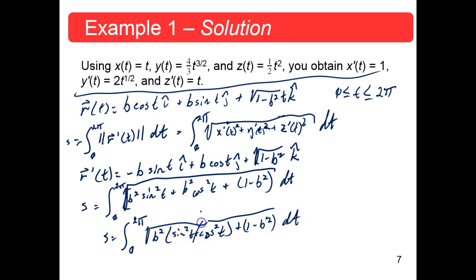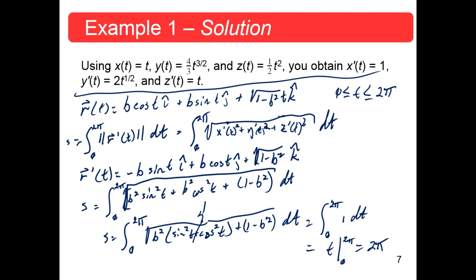That is 1, so it's b squared minus b squared, and this simply becomes the integral from 0 to 2 pi of 1 dt, which is t going from 0 to 2 pi, and that of course is 2 pi minus 0. So it should just be 2 pi. The length of that arc, one time around, is just 2 pi.